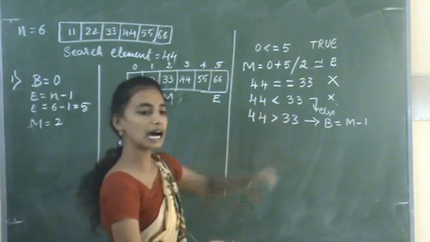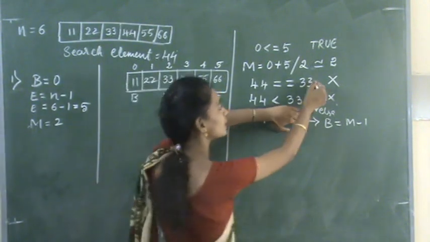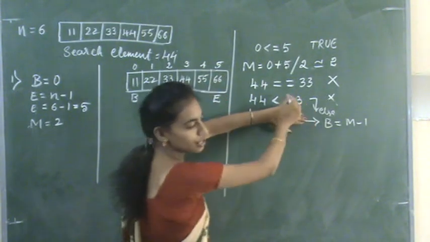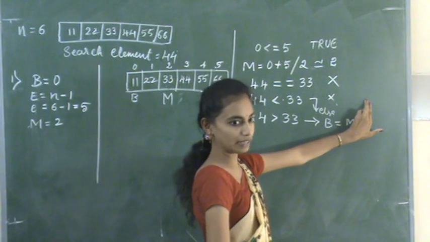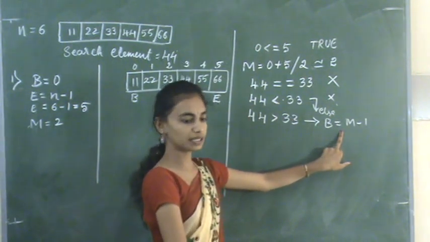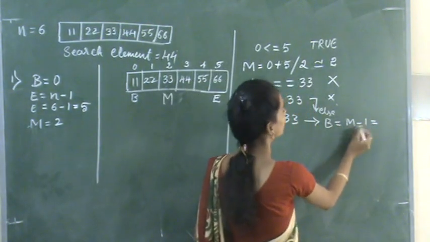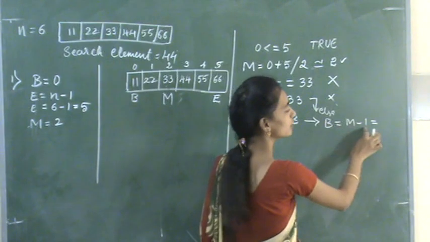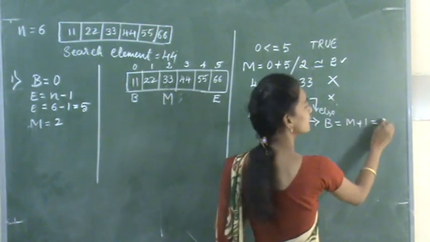In the algorithm we have only this part. Either we check this or this. If it is true, we change the ending value. If it is false, we change the beginning value. So what is the beginning value? Mid is 2, and 2 plus 1 is 3.